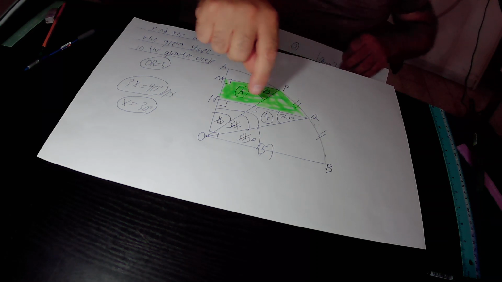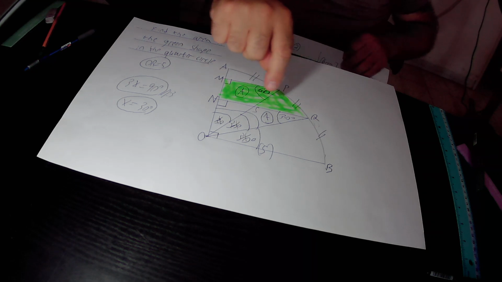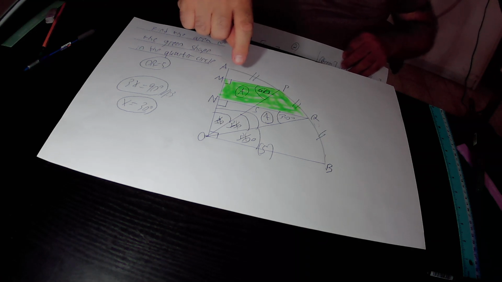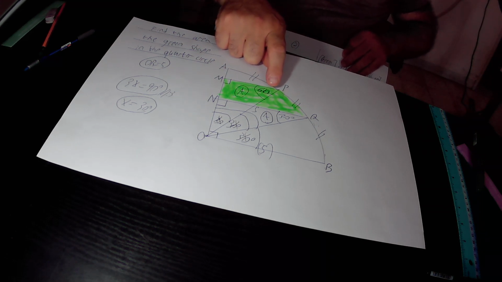Our mission is to find out the area of this green shape. From the drawing, it is very easy to see that the area of the green shape equals the area of this green quadrilateral MNSP plus the area of this shape PQS.